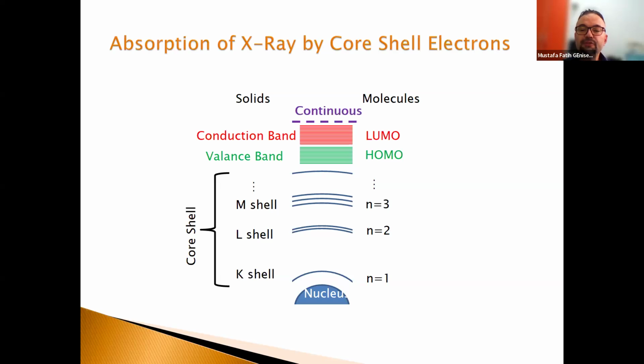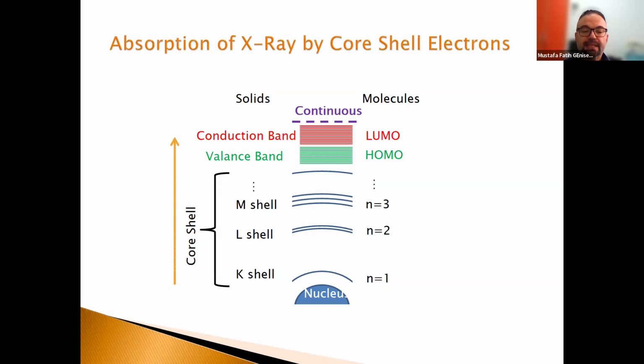And we have frontier orbitals, the LUMO and HOMO from a chemical perspective for molecules, or, in solids, the conduction band and valence band. The valence band is full of electrons, and the conduction band is empty. Over that, we have a continuum, and after that the electron is not bound to our sample.